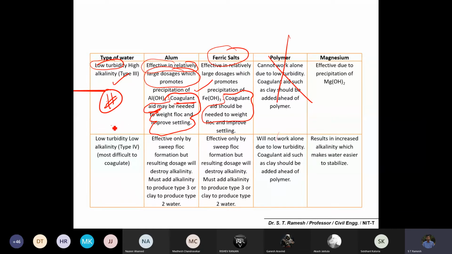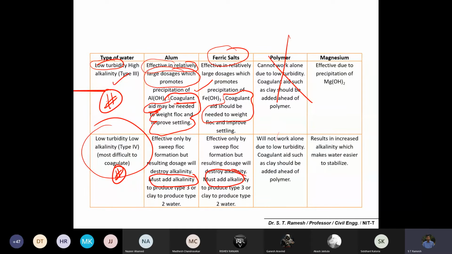And the last condition, low turbidity and low alkalinity. That's the fourth type. It is very difficult to coagulate. In this situation, we have to artificially increase alkalinity. You have to add alkalinity. In the case of iron salts also, you have to add alkalinity.